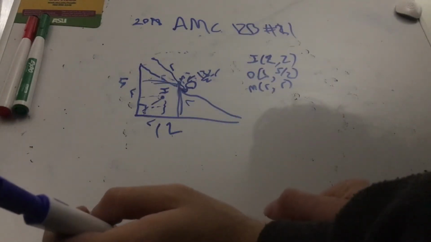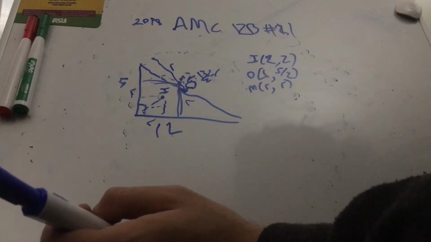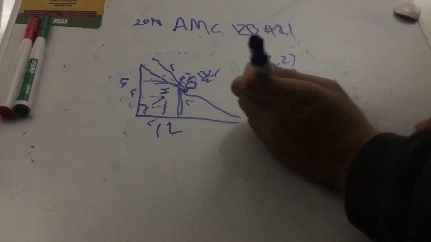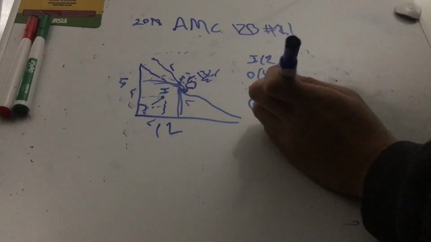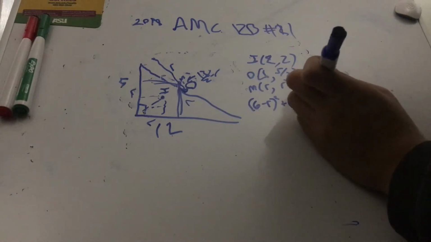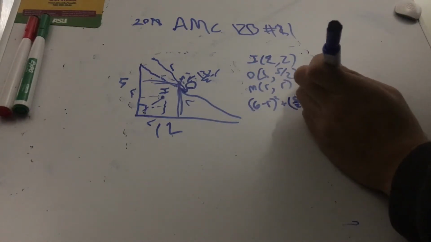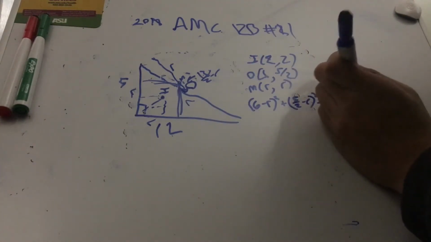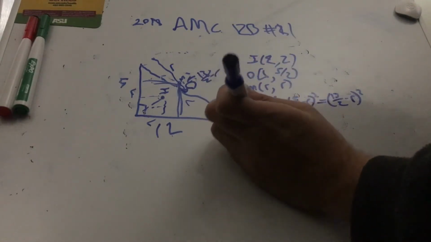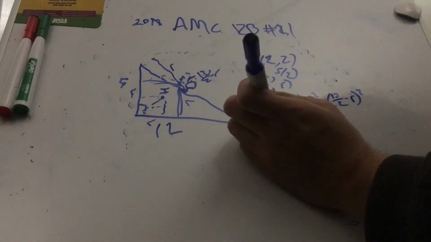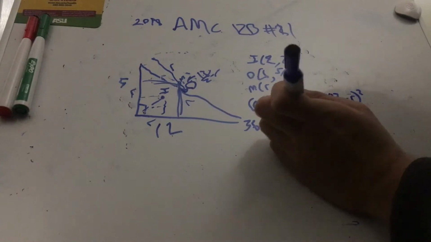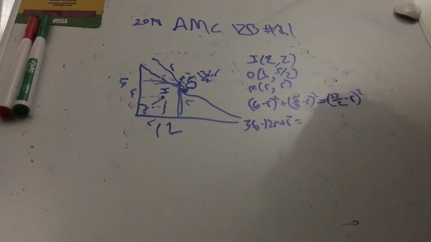Our distance from O to M is going to be 13/2 minus R, so we get (6 minus R) squared plus (5/2 minus R) squared equals (13/2 minus R) squared. For this side we get 36 minus 12R plus R squared, and now I'm going to move this over and do difference of squares just to hopefully get rid of those fractions.